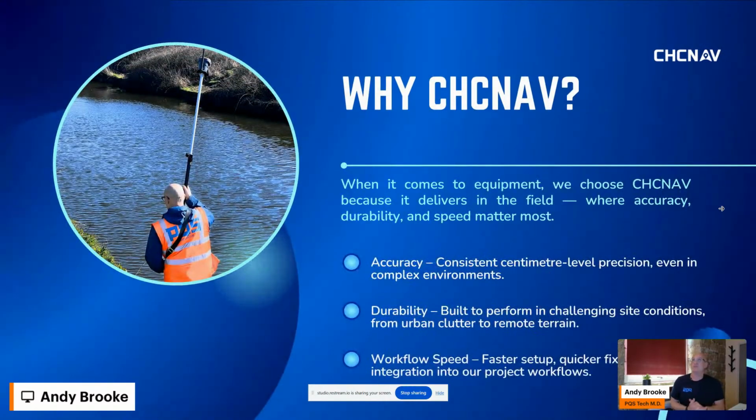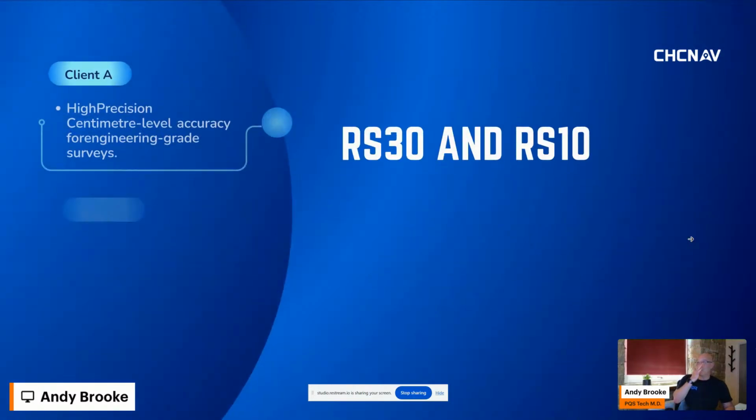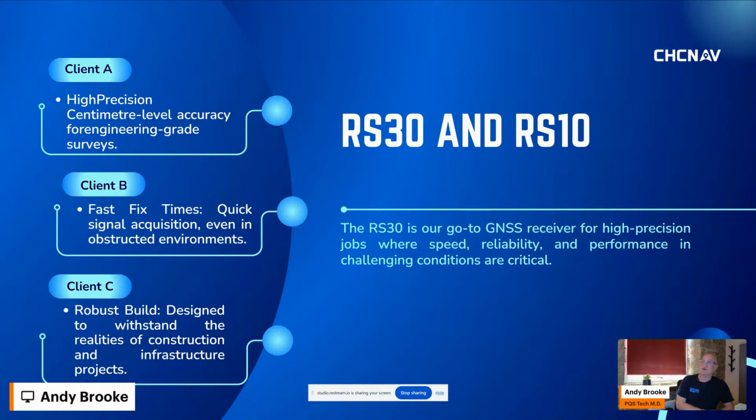We started working with CHCNAV a couple of years ago. We went over to Shanghai and saw the technology they've got with the rovers, the machine control, all the monitoring stuff. But we really decided to concentrate on this M3D portfolio that we saw, because it seems to be way ahead of anything else that's out there. The RS10 and RS30, I couldn't believe it when I saw them, what they were capable of doing at the price point they're at.